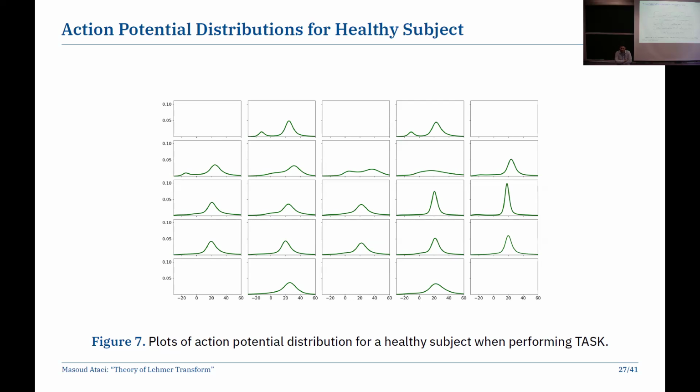That's exactly what happens. So the Lehmer transform is a kind of link between the original EEG time series and the artificial probability distribution. Once we have this artificial probability distribution, we are capable of employing the methods of probability theory.